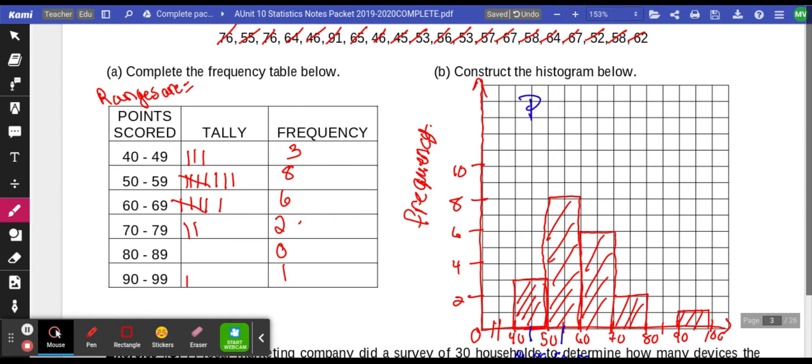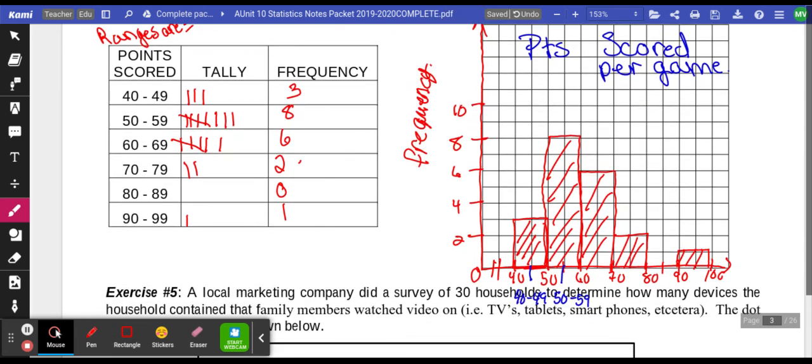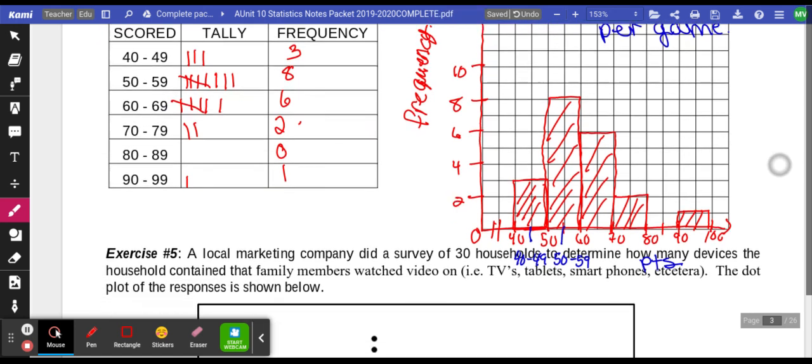It should be points scored per game. And then this is points. So I label both my axes and give it a title.